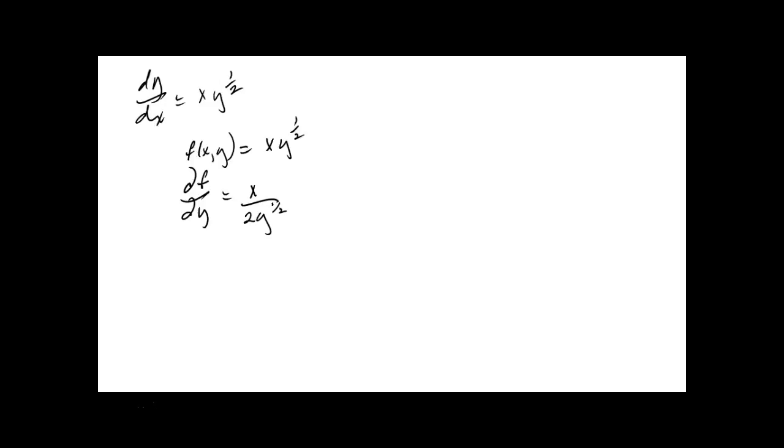At y is equal to 0, that doesn't exist. So therefore, the conditions in that theorem aren't met here. Because at 0, 0, because at y is equal to 0, this first partial derivative of f with respect to y is not defined. So therefore, that threw out the value y is equal to 0. Okay? So that function is not unique there because it fails that test. Does that make sense? Okay.